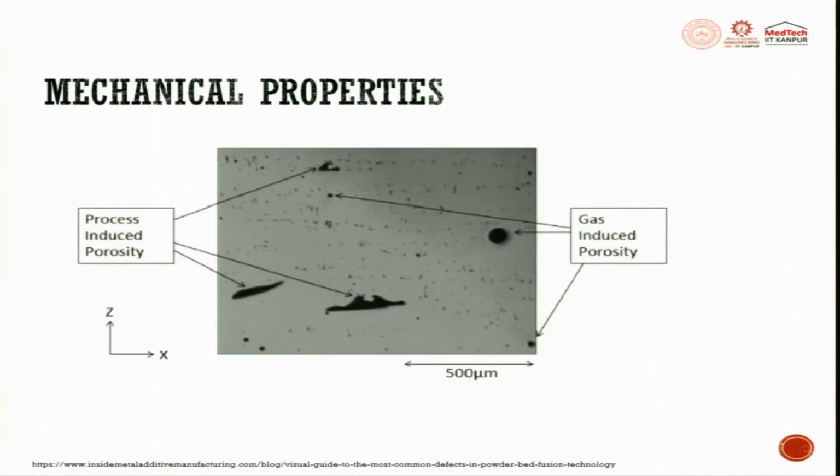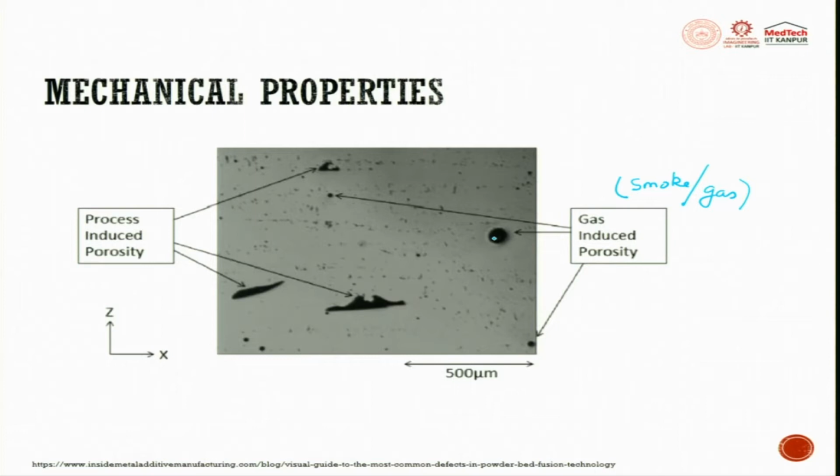In a cross section of the metal additive manufactured part, you can see gas induced porosity. What is gas induced porosity? It may be the smoke or the gas that is created by the laser movement. That gas gets trapped completely in the molten pool, and that leads to gas induced porosity.